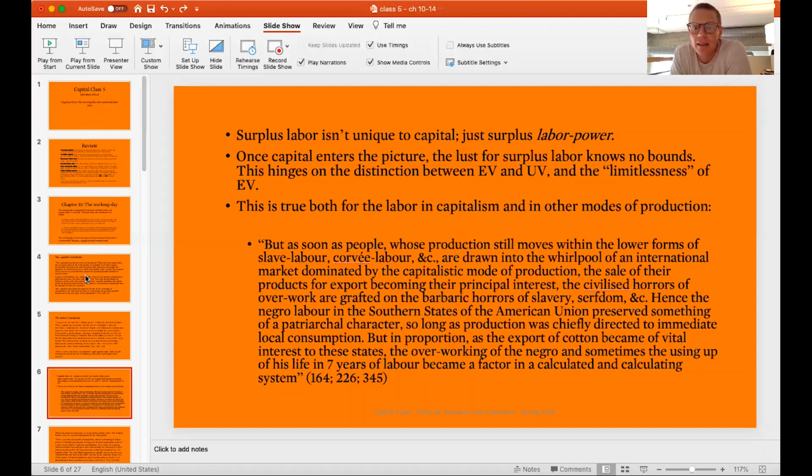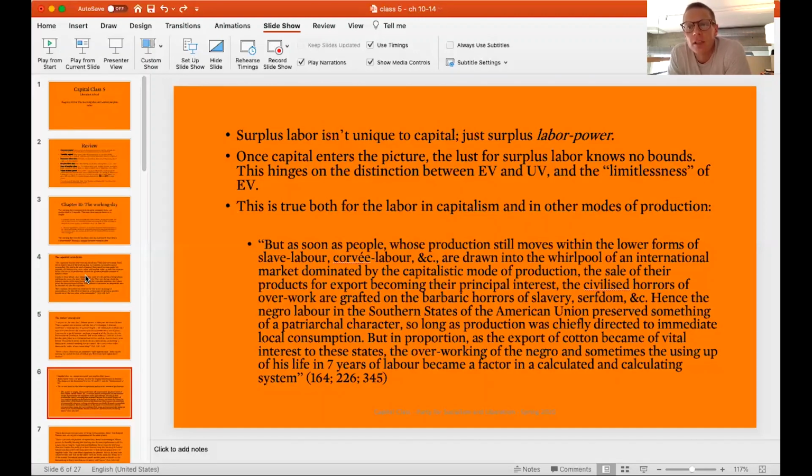And this is, again, the contradiction between exchange value and use value, and the limitlessness of exchange value. Because if a community requires surplus labor just to make it through particular circumstances in a limited setting, there is a limit to how much needs to be produced. But under capitalism, when exchange value dominates, there is no limit to that.